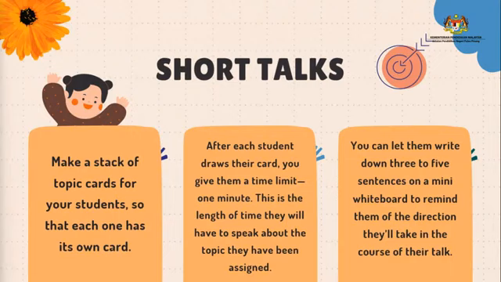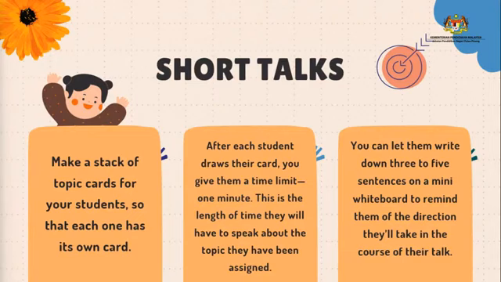Again, I always stress on giving sentences, because in 1 minute, I think the student can speak about 3 to 5 sentences. And they can even write this on a mini whiteboard, so that they know that they have actually described the topic, to remind them of the direction that they will take in the course of their talk.